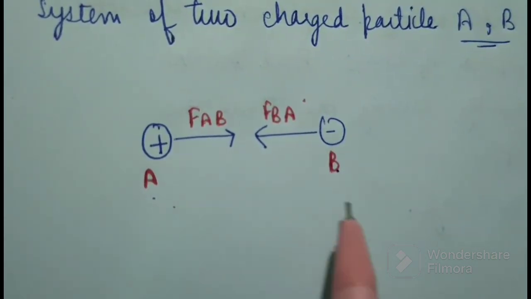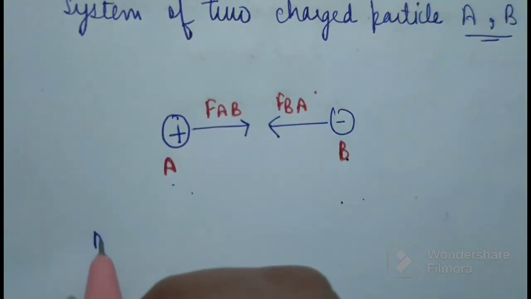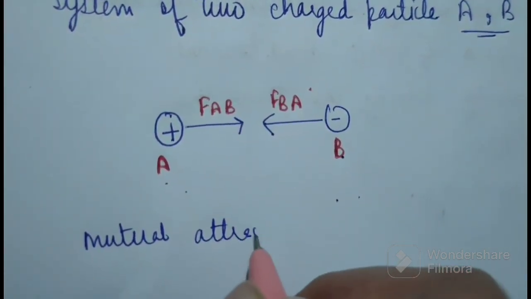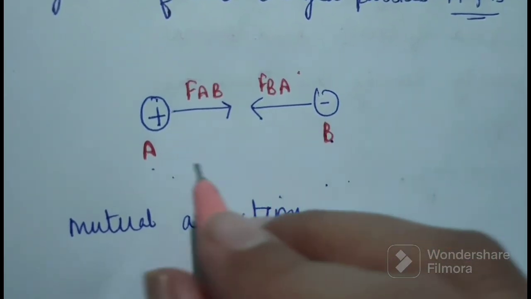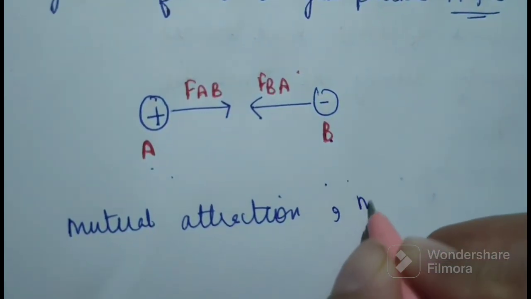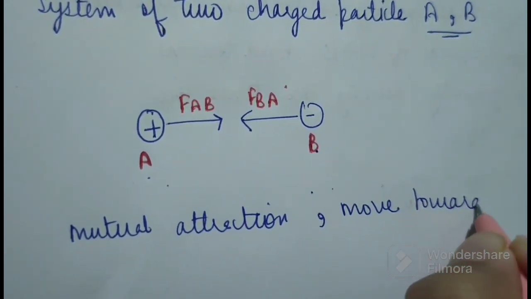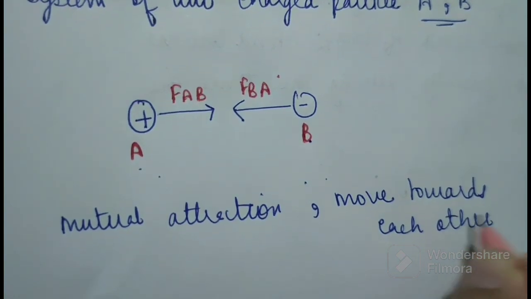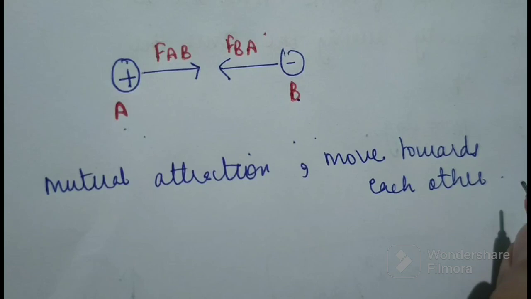That means they are attracting each other, and because of this mutual attraction, the particles will move towards each other, or we can say that they are accelerating towards each other.